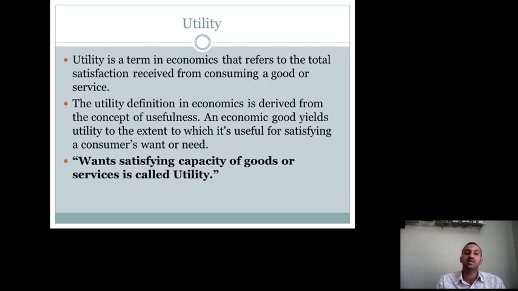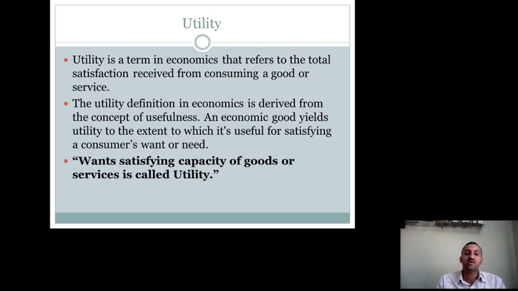Another meaning of utility here is that the utility definition in economics is derived from the concept of usefulness. An economic good yields utility to the extent of its usefulness for satisfying a consumer's want or need.